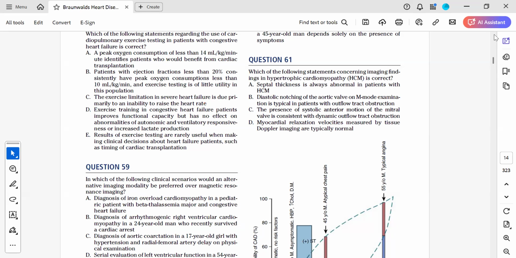Okay, so what happens is that during systole, not diastole, there's usually notching of the aortic valve as a result of the increased gradient in the left ventricular outflow tract. So that's on the M mode, the box collapses at some part. So that's the systolic notching. It occurs in systole, not diastole.